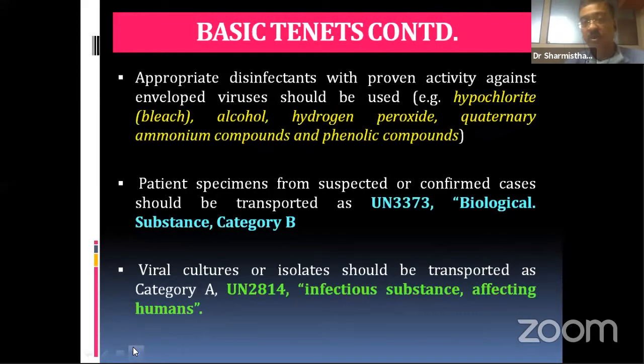They act well as disinfectants. These should be used to keep the area disinfected. Now, specimens from suspected or confirmed cases should be transported as category B, and viral culture or viral isolates should be transported as category A.